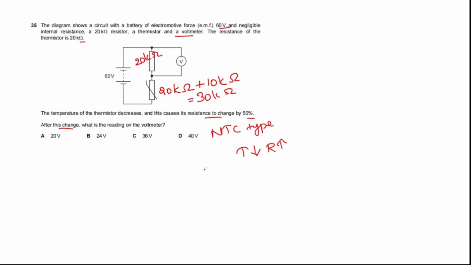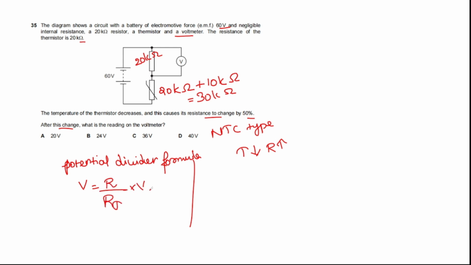You can either use the potential divider formula, which will give you the direct answer. That formula is V is equal to R divided by R total multiplied by the total voltage. We need to find the voltage across the fixed resistor. So 20 kilo ohms divided by the total resistance.